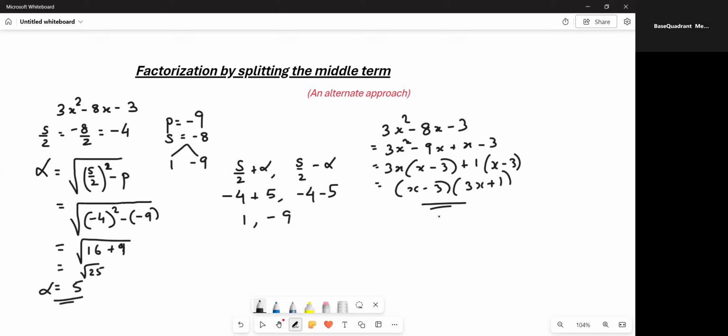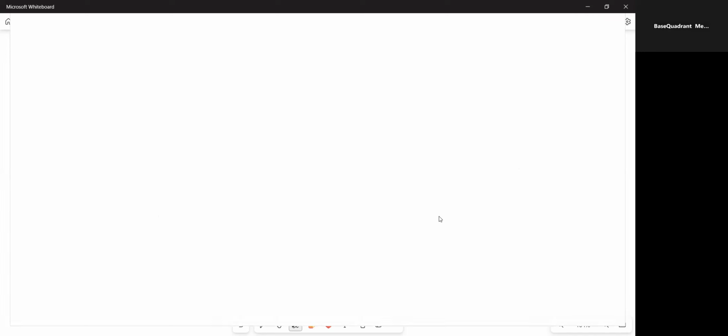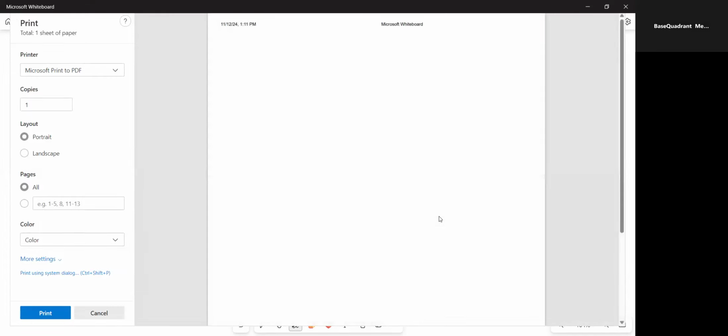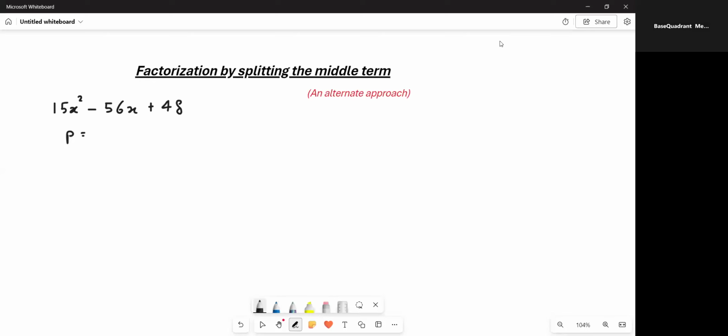So we'll see the same thing with a few bigger numbers. In this question, 15x squared minus 56x plus 48, the product will be 15 multiplied by 48, which is 720.